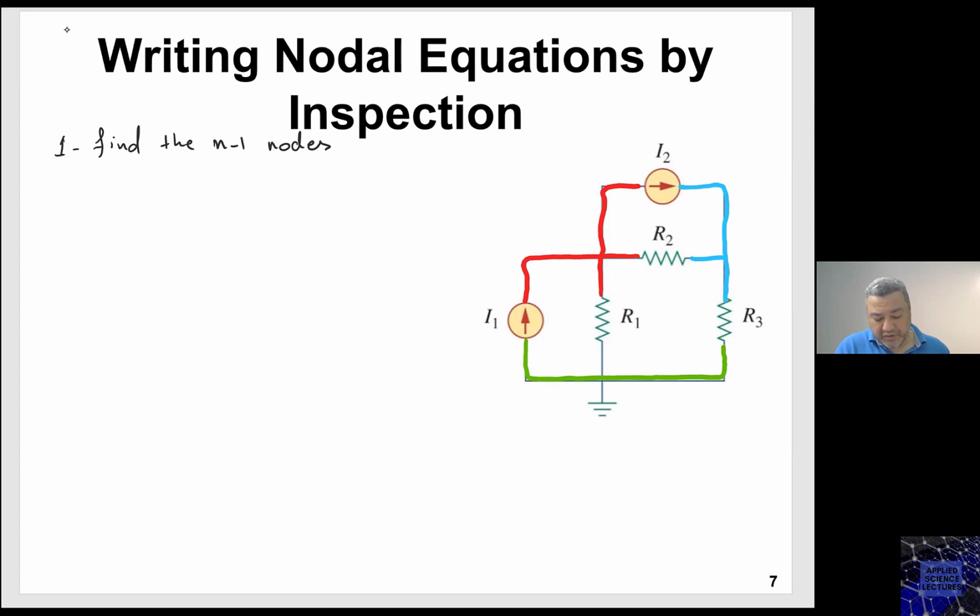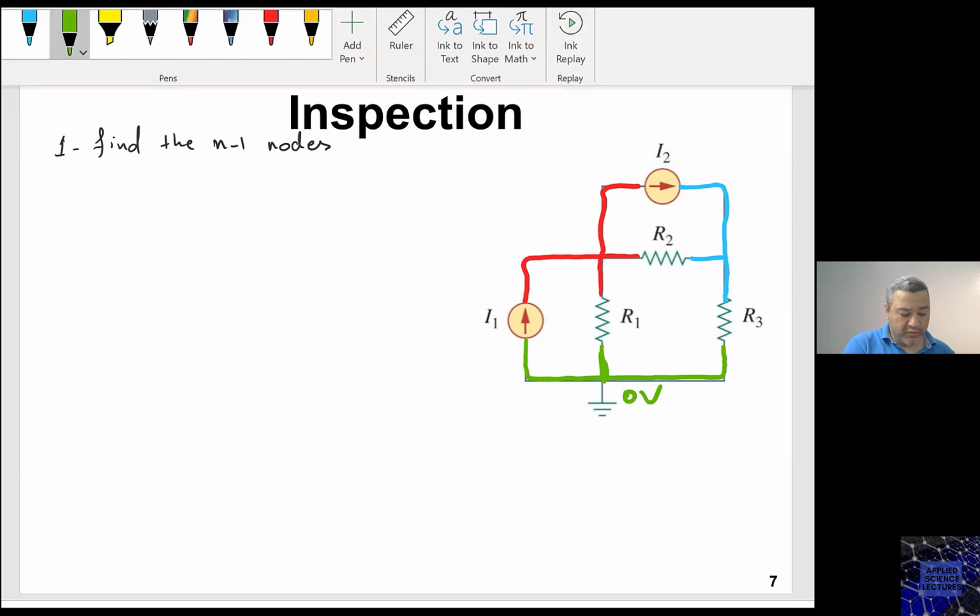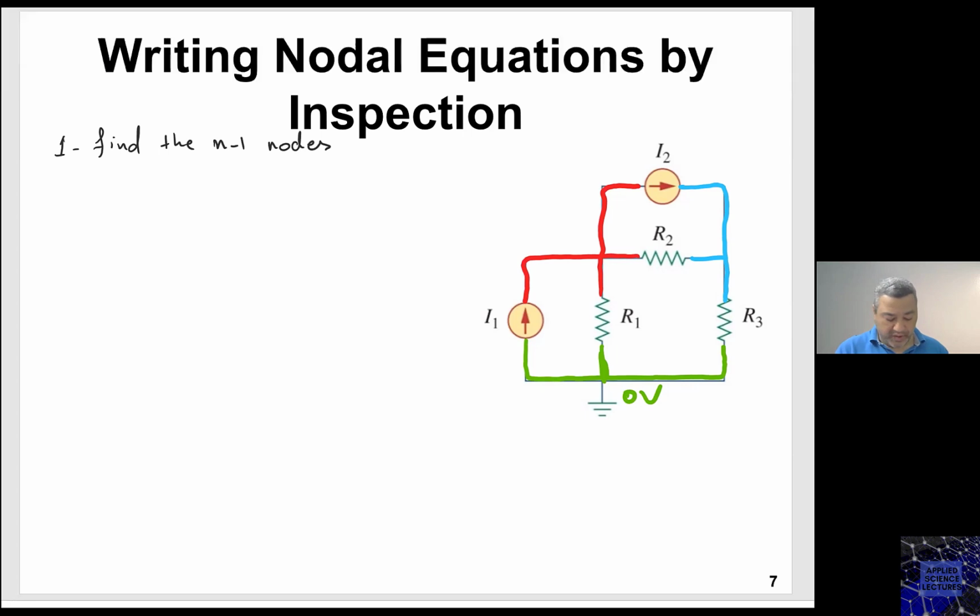And the reference was already assigned to me. So this is my 0 volt. I have two nodes that I need to assign the variables to.